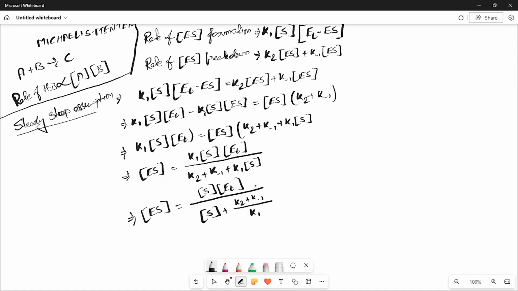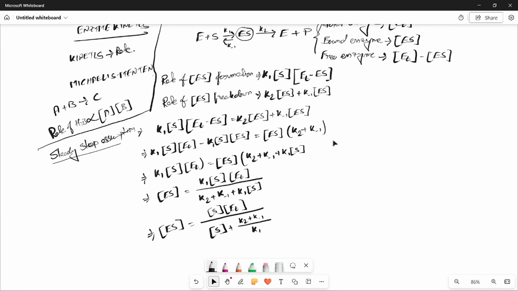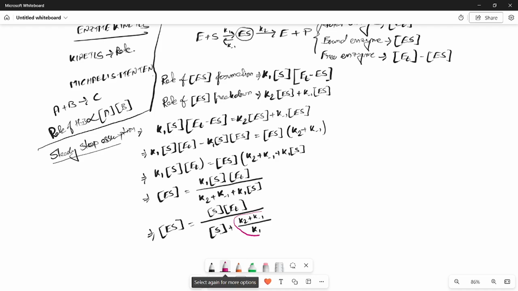Fine. Now understand this fact. How did the equation come? From here the equation came like this, and this fraction (K2 plus K minus 1) by K1 is called the Michaelis-Menten constant, that is Km.